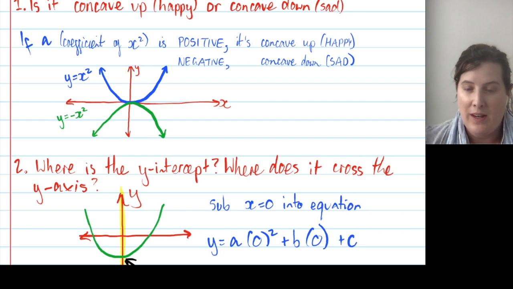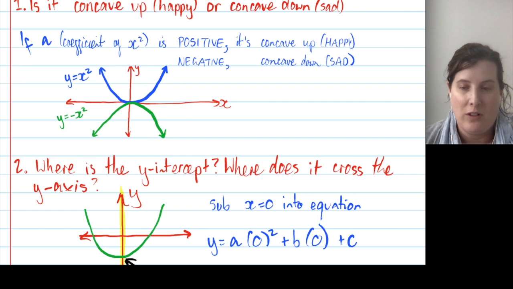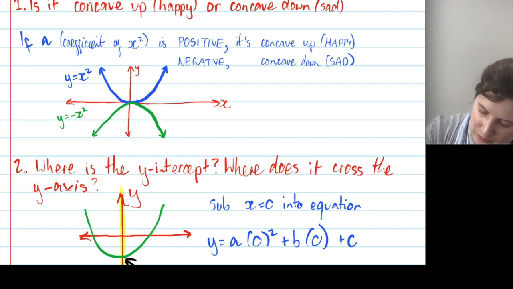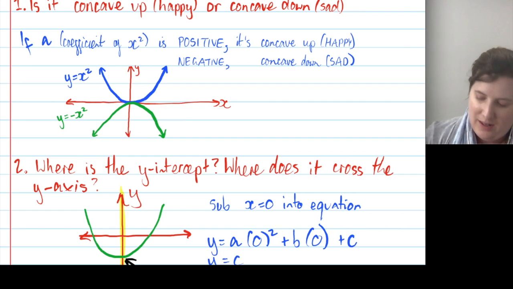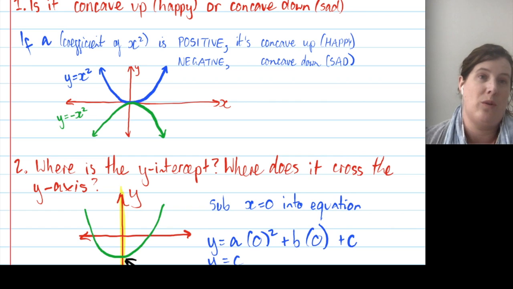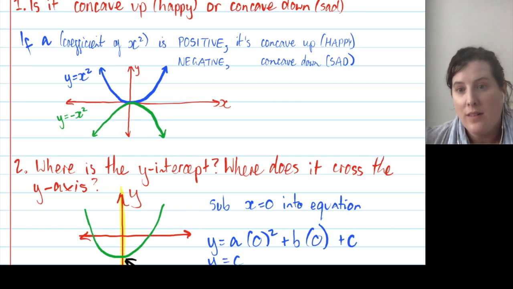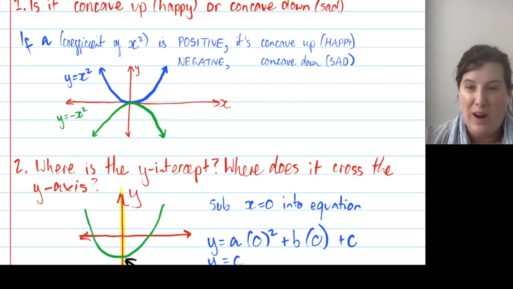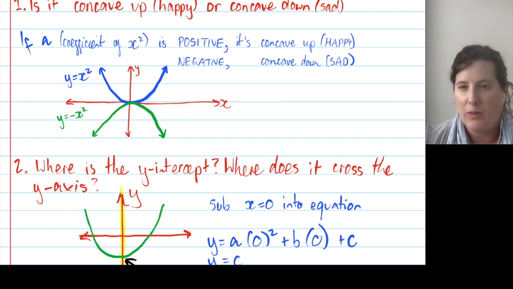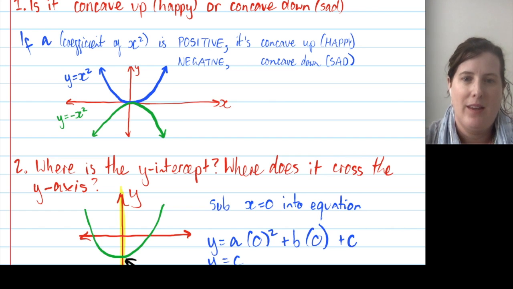Well, the 0 squared and 0 terms just disappear, because anything times 0 is 0, so you're left with y equals c. So if you've got the equation y equals 2x squared take 3x plus 1, you know straight away your y-intercept is y equals 1. We'll do that in an example later on.